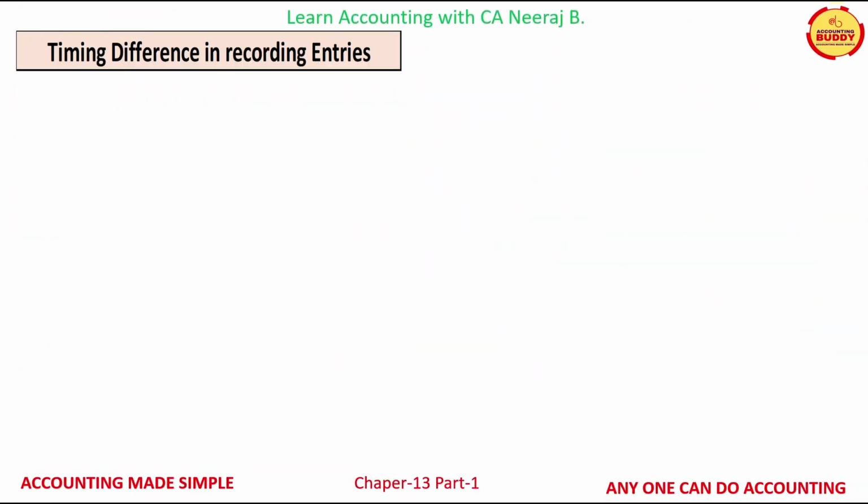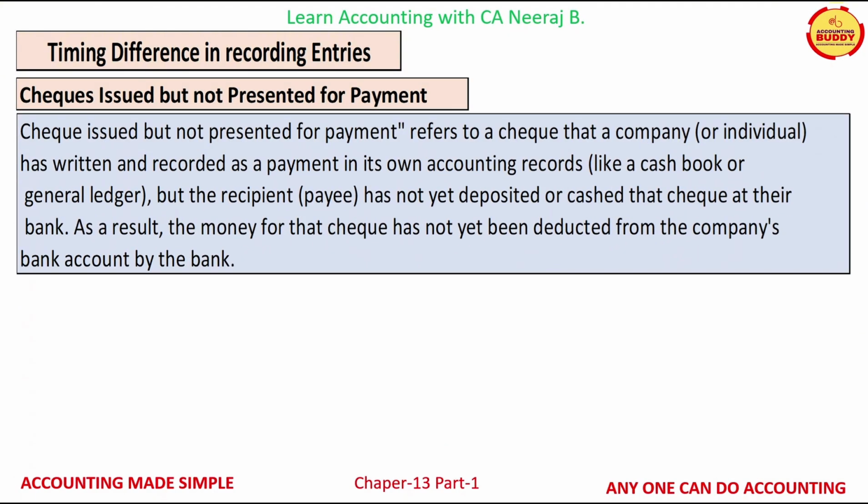Let us further strengthen our understanding of the reasons of difference due to recording of transactions at different times. Checks issued but not presented for payment refers to a check that a company or an individual has written and recorded as a payment in its own records like cash book or general ledger, but the recipient or the payee has not yet deposited or encashed that check at their bank.